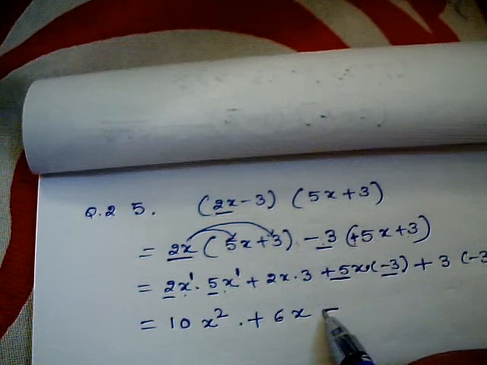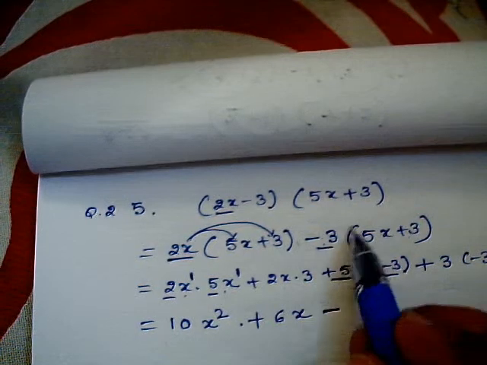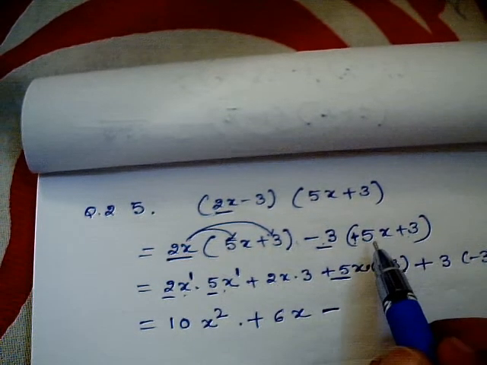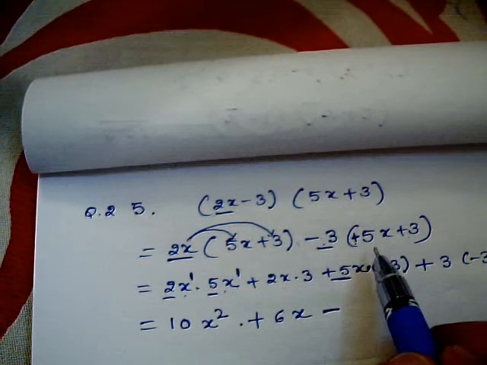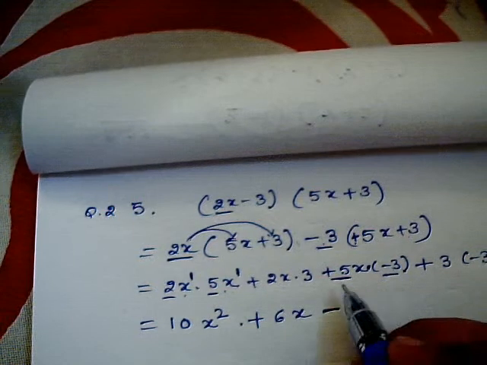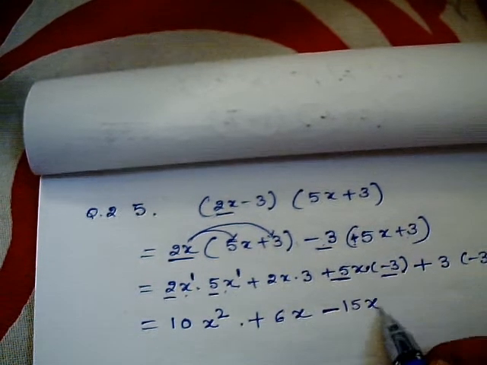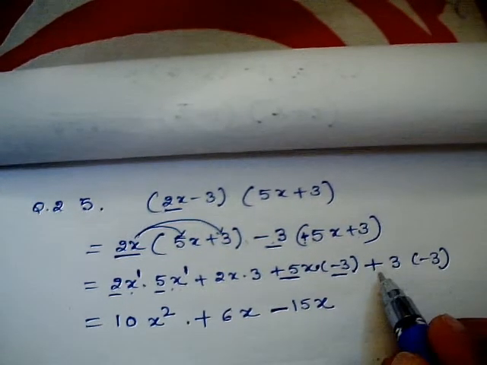Whenever you are operating with a negative, whatever signs the terms inside the parenthesis carry get changed. If positive, it becomes negative. If negative, it becomes positive. So 5 times negative 3 is negative, that's negative 15x. And similarly, positive 3 times negative 3 is negative 9.